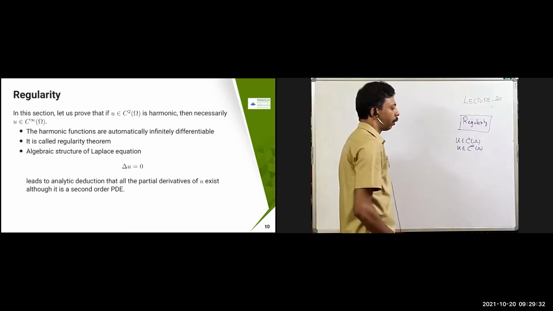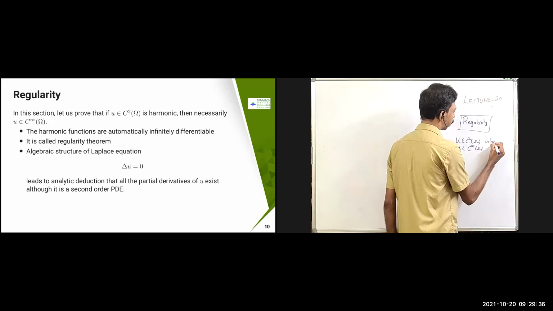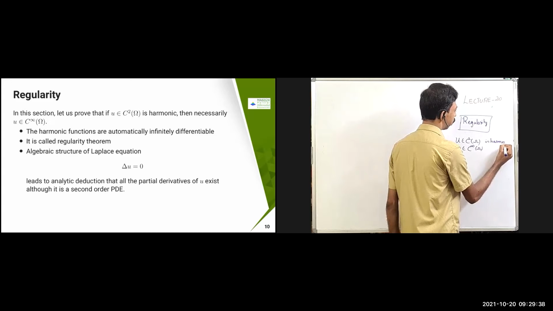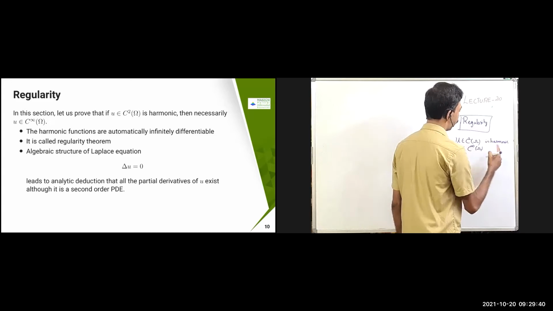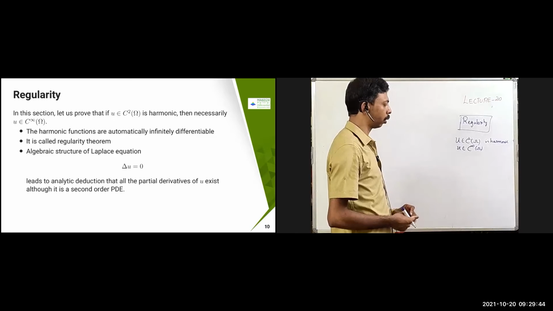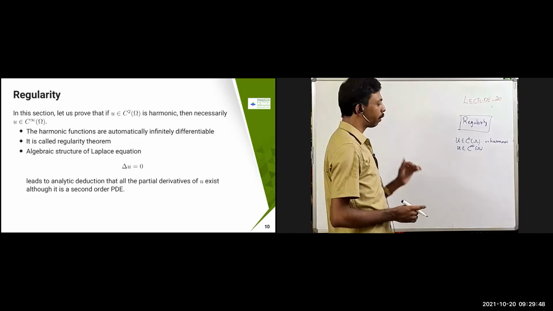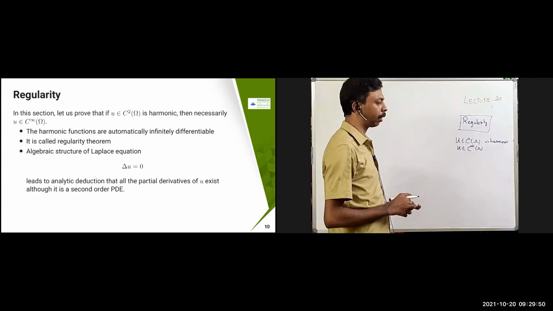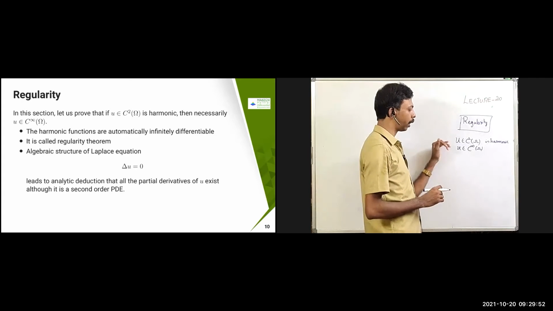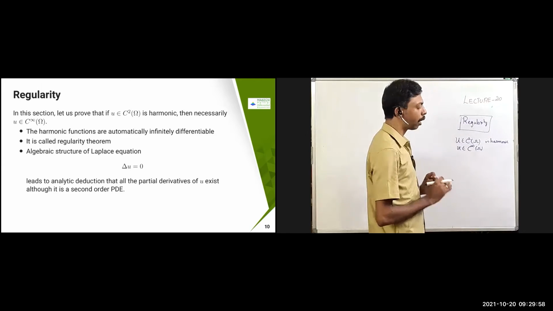That means harmonic functions are automatically infinitely differentiable. If you take any harmonic function which belongs to C^2(Omega), then it is automatically infinitely differentiable also. This is called the regularity theorem.